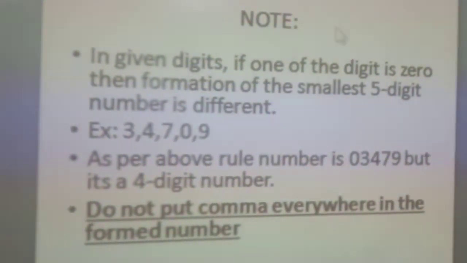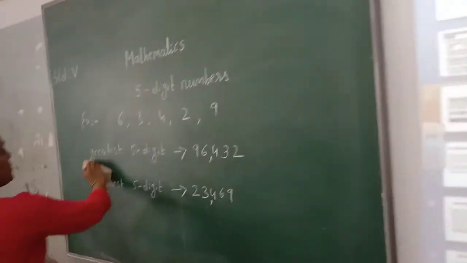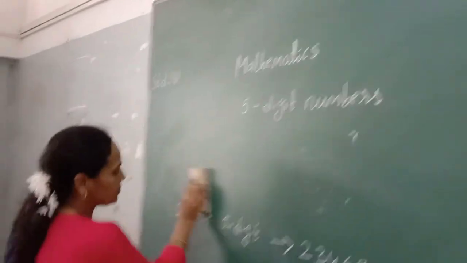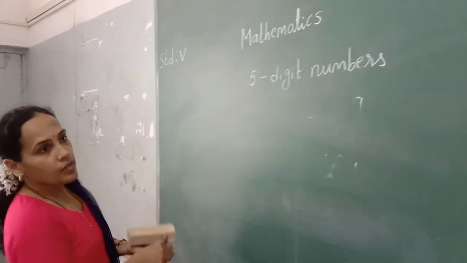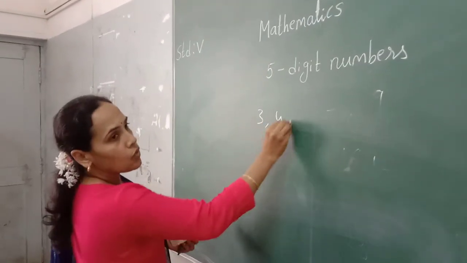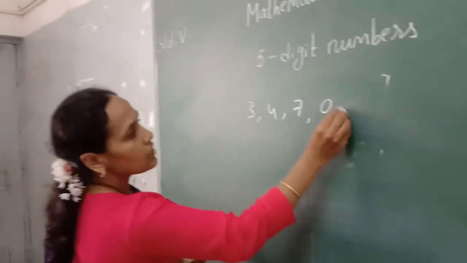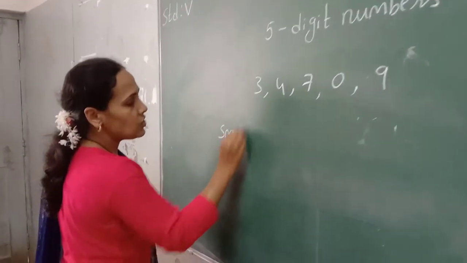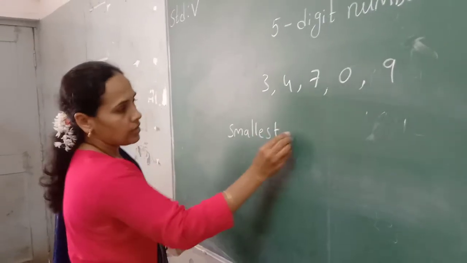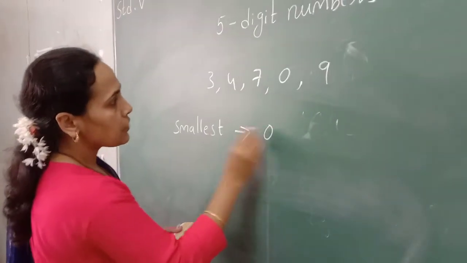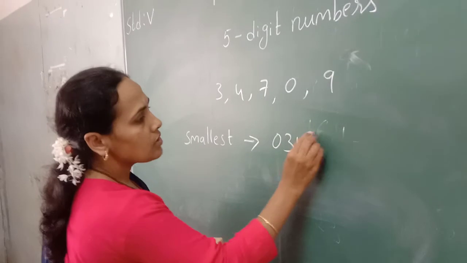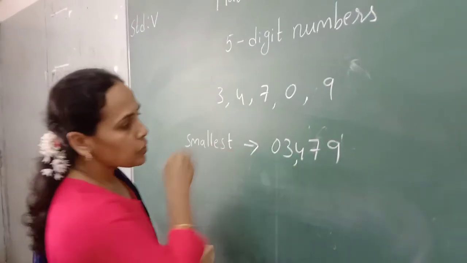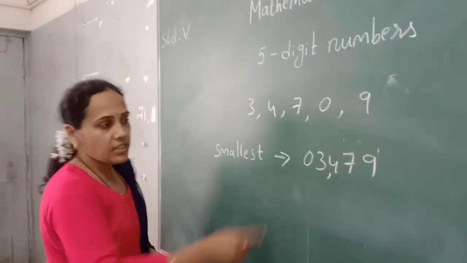If I arrange these numbers in ascending order, what do I get? 0 comes first, then 3, 4, 7, 9.